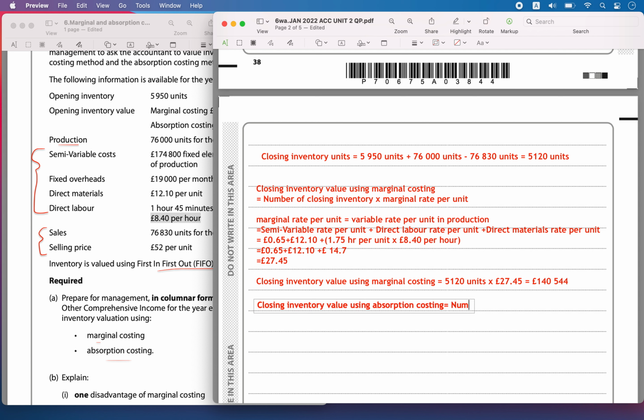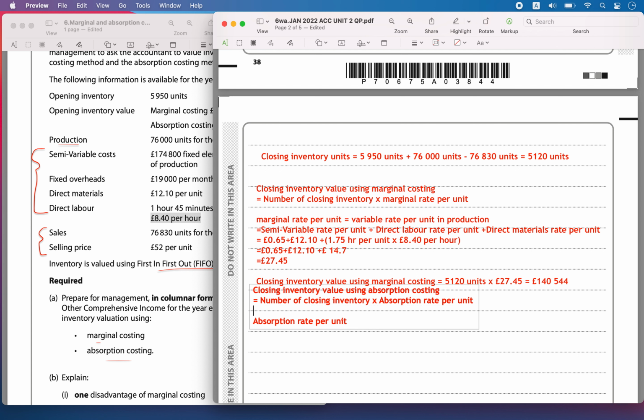That is going to be equal to the number of closing inventory units left behind into the absorption rate per unit. We need the absorption rate per unit. We know the closing inventory is 5120 units left. The absorption rate per unit we have to calculate.